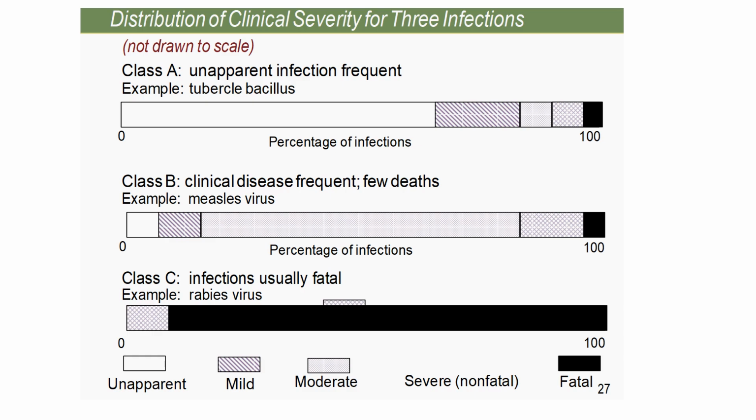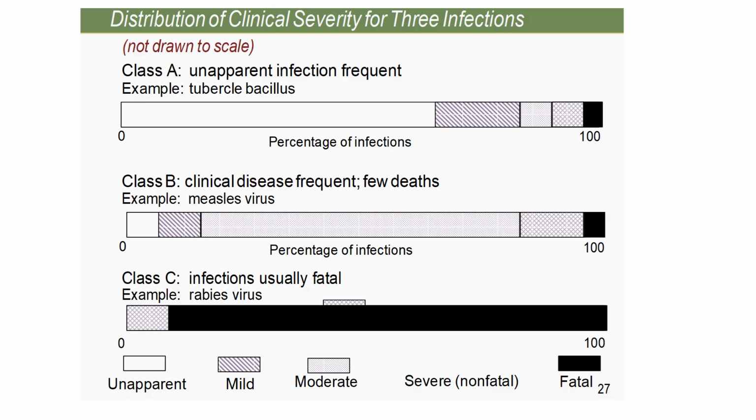Here we can see the distribution of clinical severity for 3 different infections: infection with tubercle bacillus for tuberculosis, infection with measles virus, and infection with rabies virus.